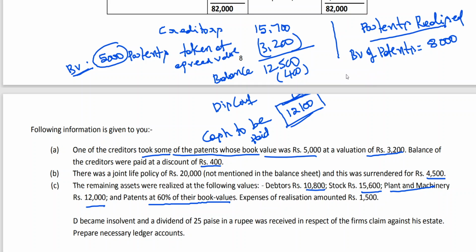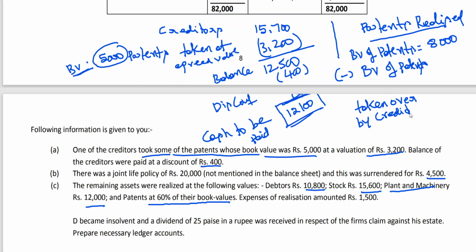Book value of patents 8,000 minus book value of patents taken over by creditors 5,000. So 8,000 minus 5,000, how much is it coming to?